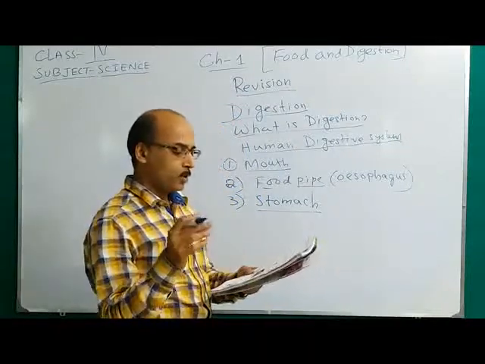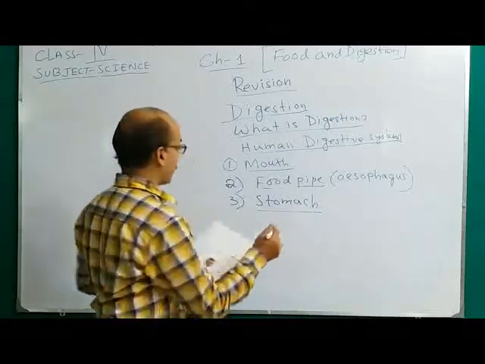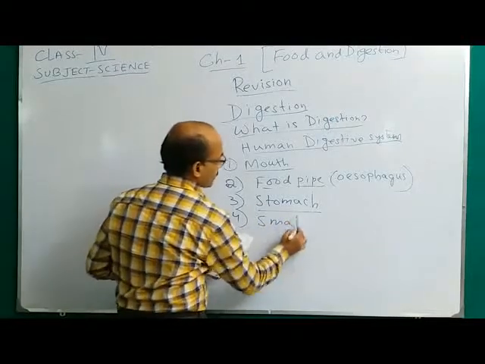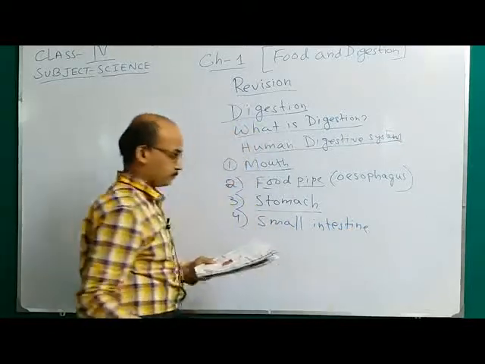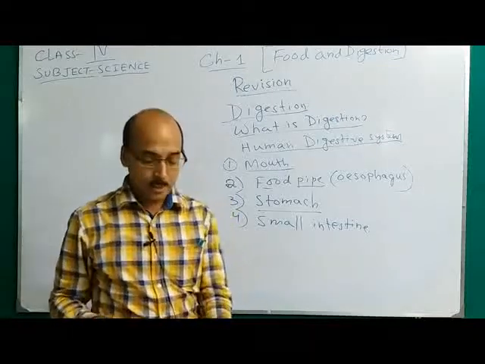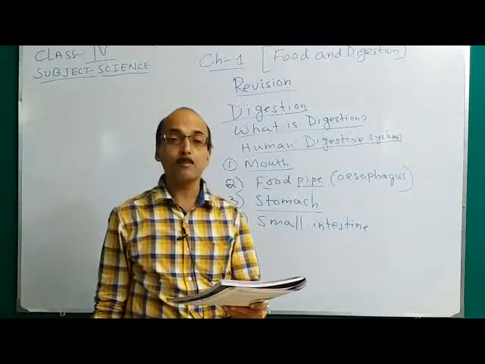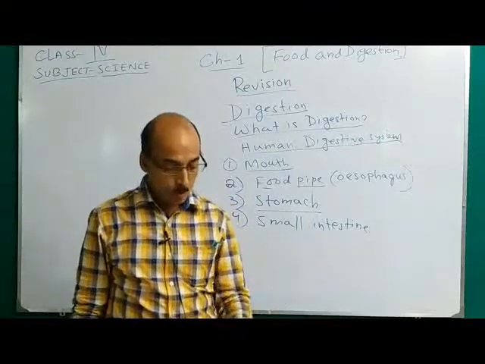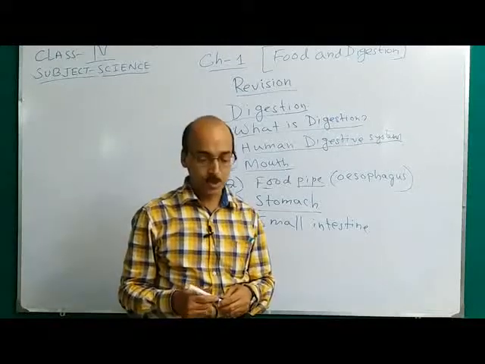After stomach, the food passes to the small intestine. Small intestine is a long coiled tube that helps to produce some digestive juices.